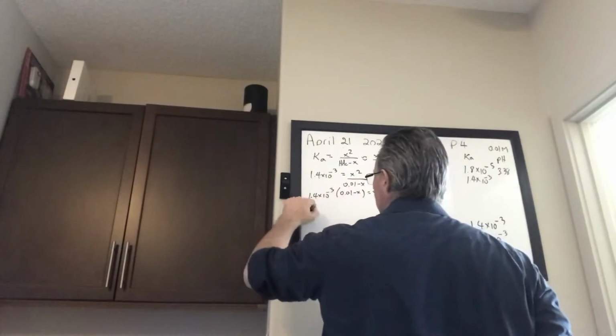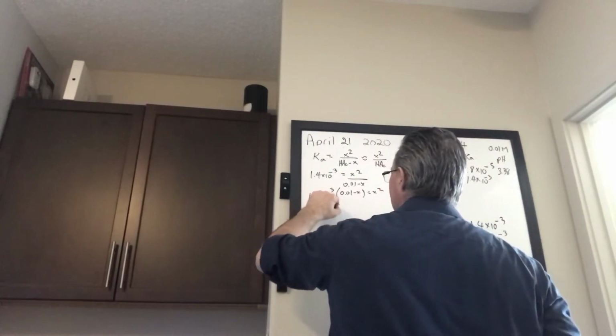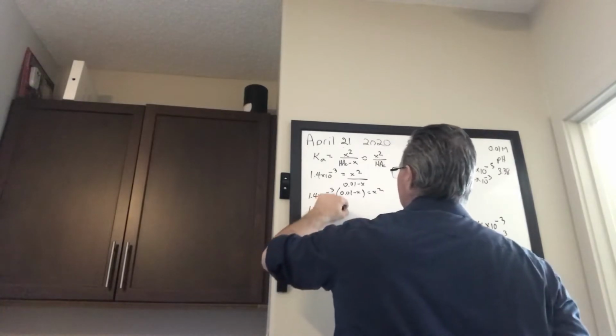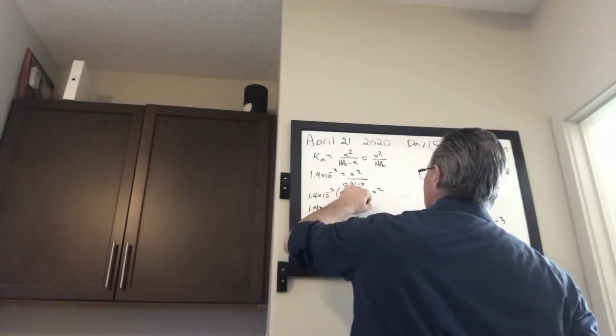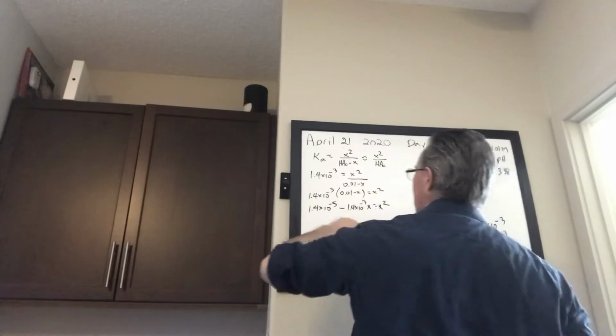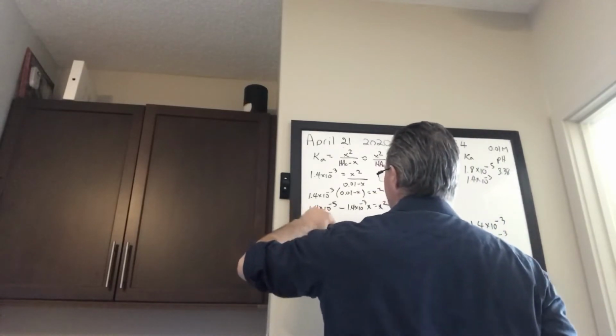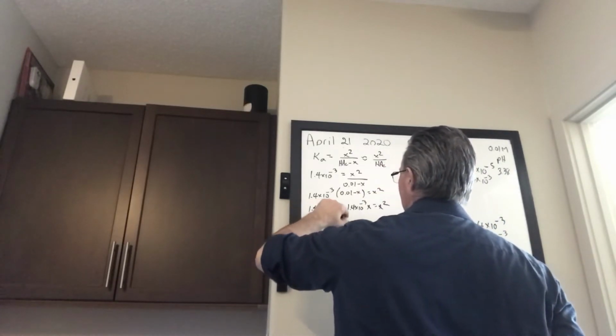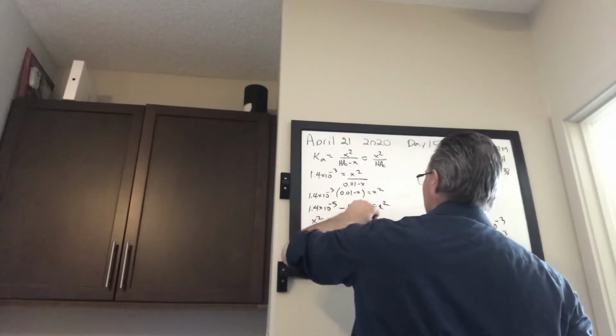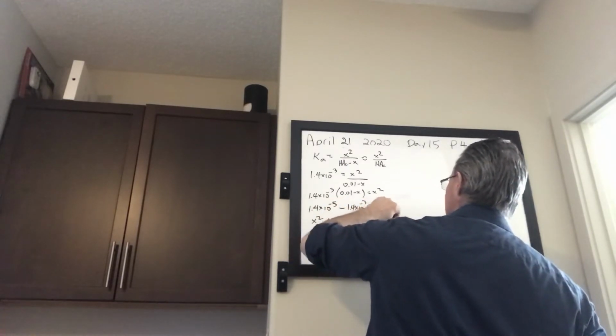So that becomes 2 orders lower, 1.4 times 10 to the negative 5 minus 1.4 times 10 to the negative 3 x equals x squared. Trinomial becomes x squared plus 1.4 times 10 to the negative 3 x minus 1.4 times 10 to the negative 5 equals 0.